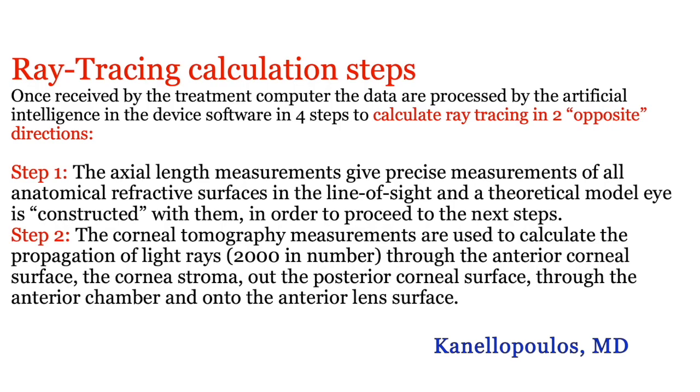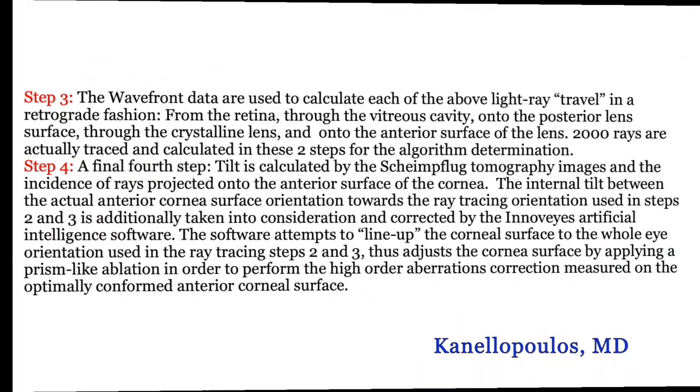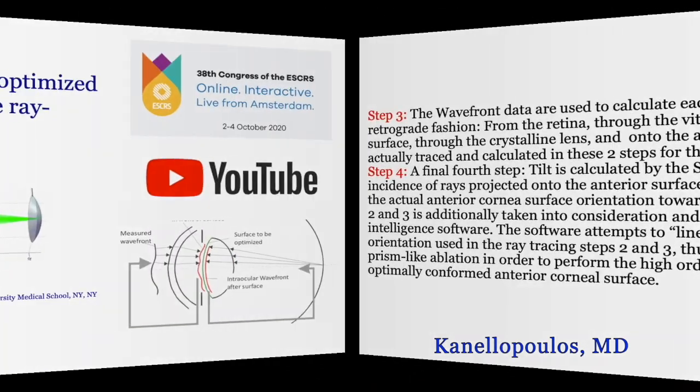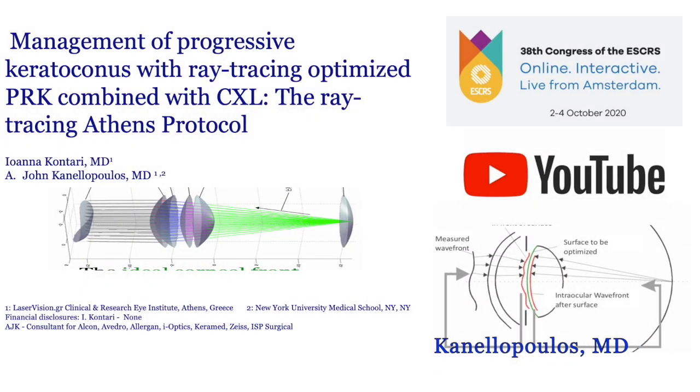It measures the axial length stations within the eye, and then designs a 3D avatar eye for each eye being examined, and then uses the Pentacam rays to do forward ray tracing, and the Hartmann-Shack wavefront rays from the retina to do retro ray tracing for aberrations.